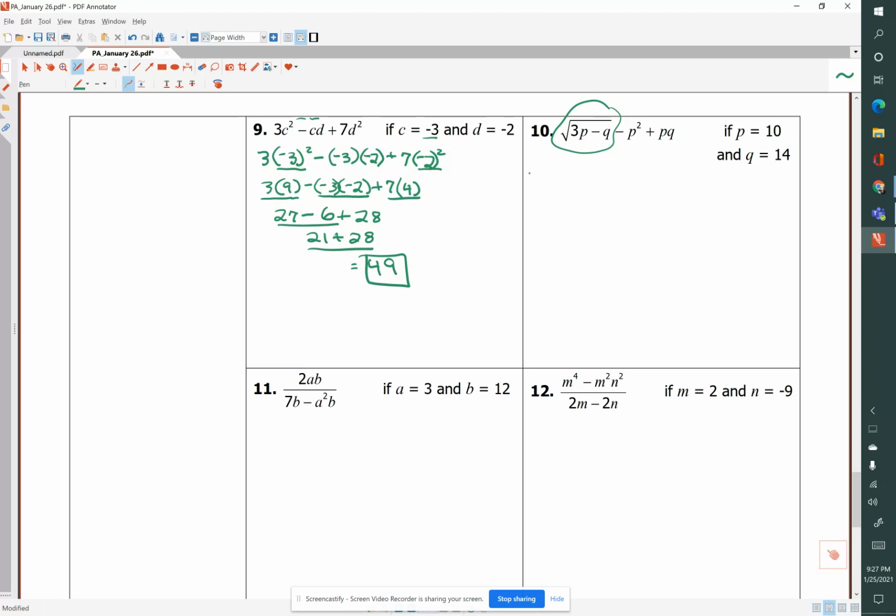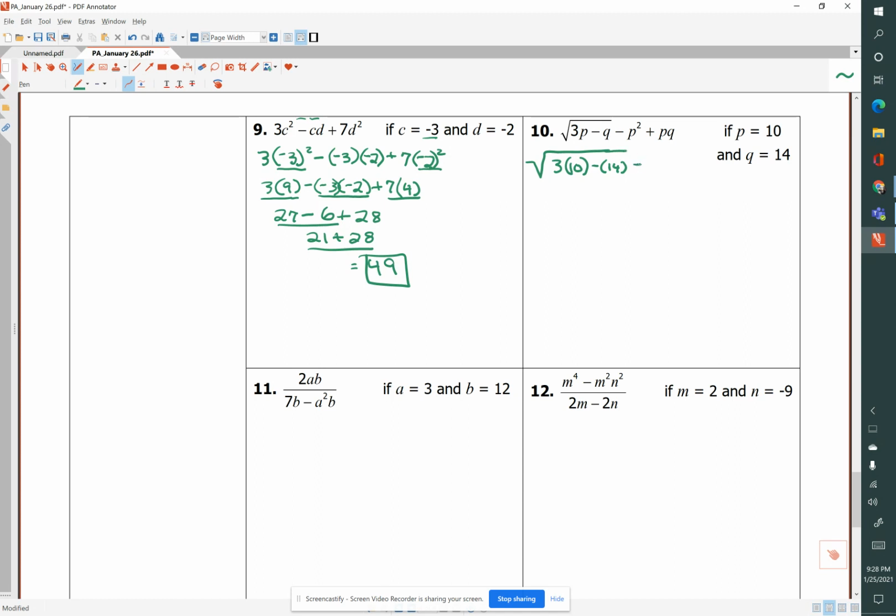So let's get started. We've got the square root. Let me work a little neater than that. We have square root of 3 times p, which is 10, minus q, which is 14.